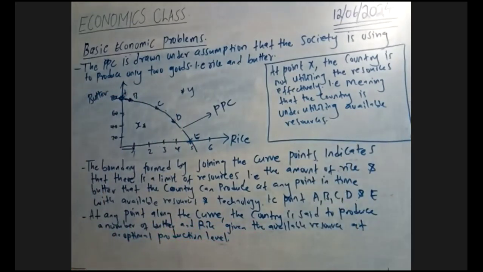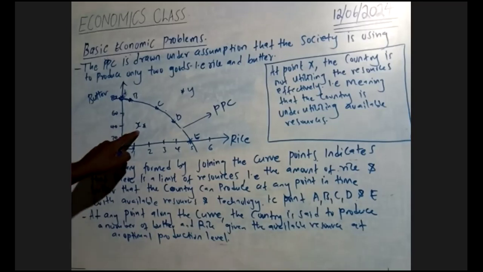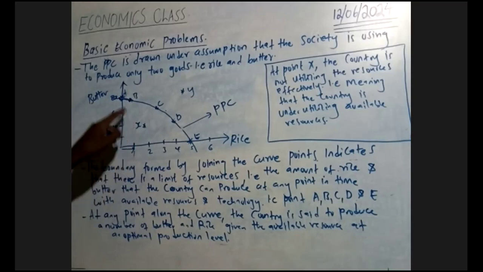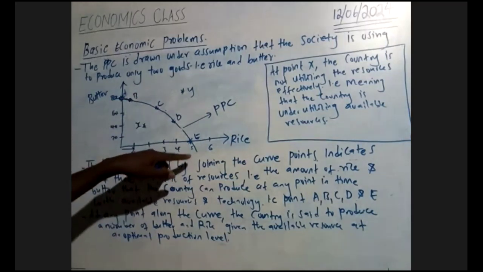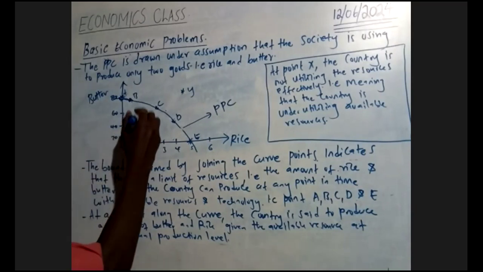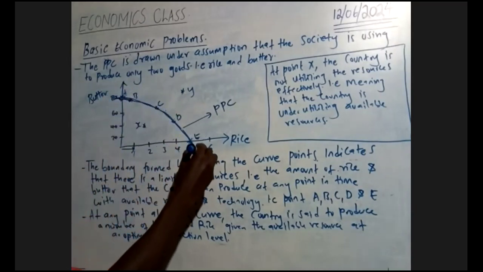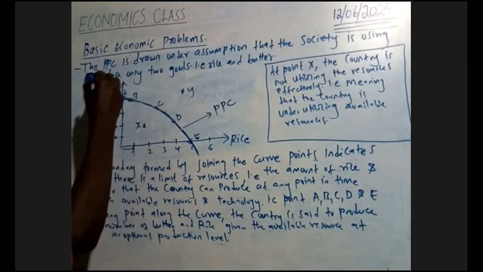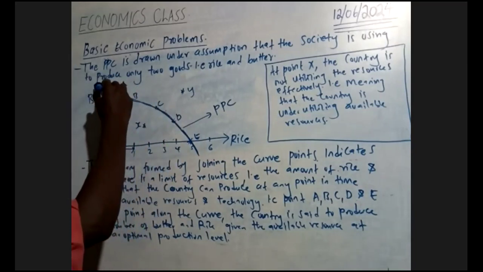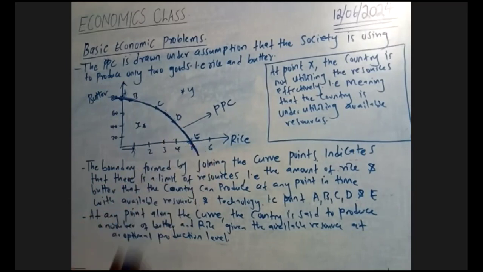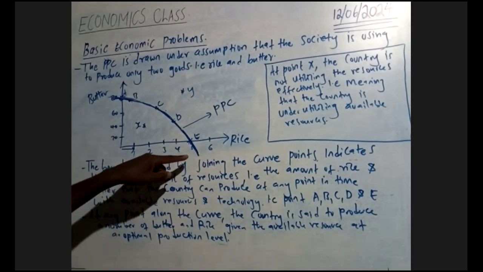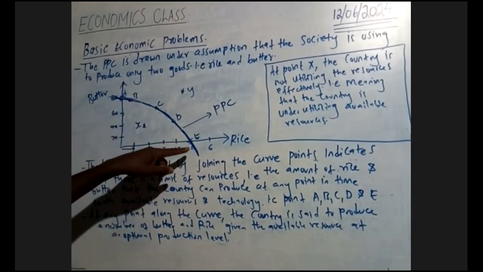Now, what do we mean by this? At point X, it means the country can produce more given the available resources. But this point is below our line. It's way below the capacity of the country, which this line represents. So the country can produce at any point within that line because their resources lie within this line.